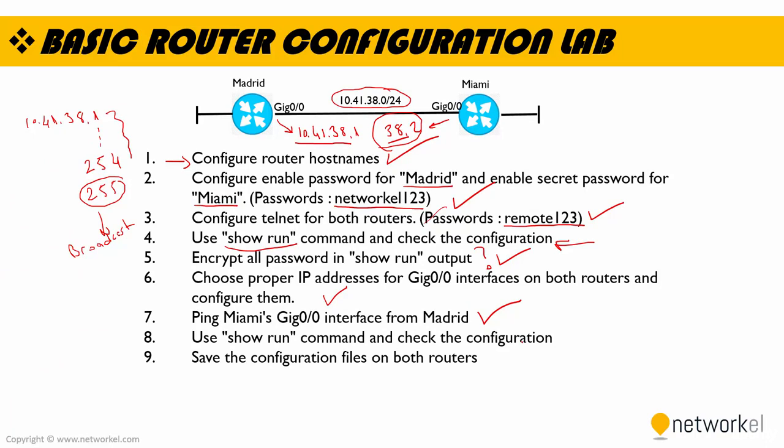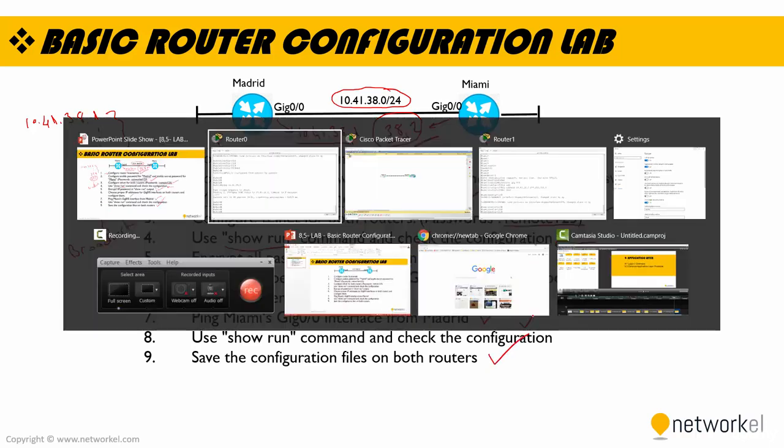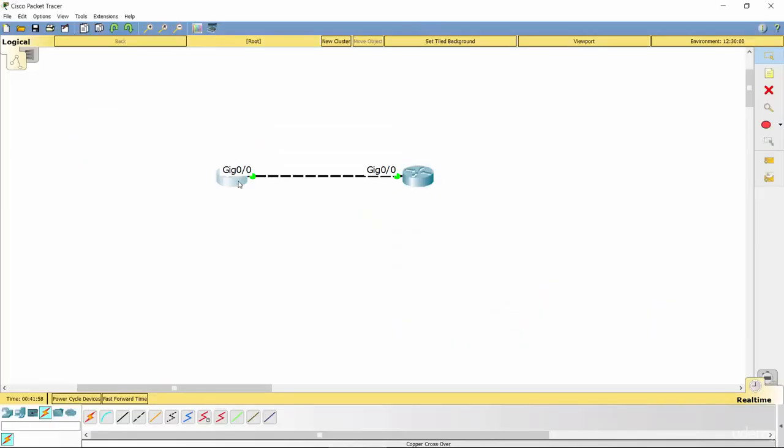In the 8th step, it's saying us to use show run command and check the configuration for the last time, okay. And in the last step, it's saying us to save our configurations on both routers. Let's save the configuration first.